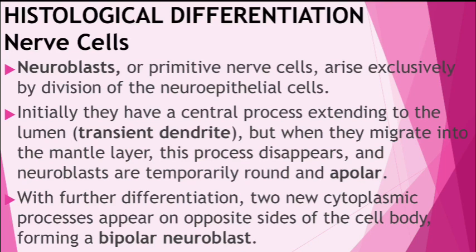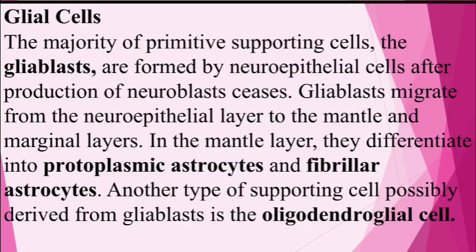Now there is need to talk about the glial cells. The majority of primitive supporting cells, what we call the glioblasts, are formed by the neuroepithelial cells after production of neuroblasts ceases.